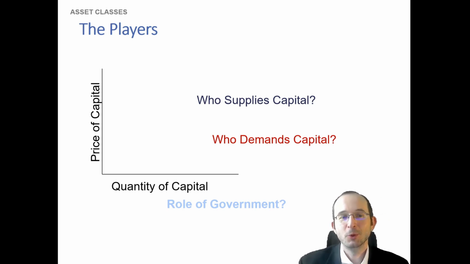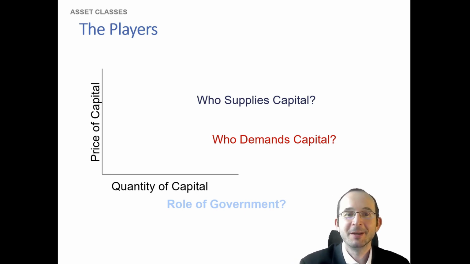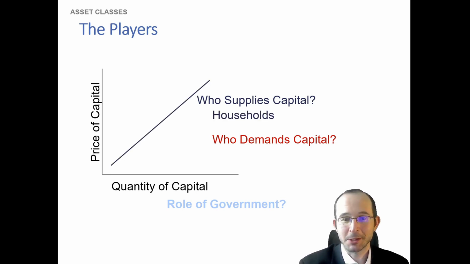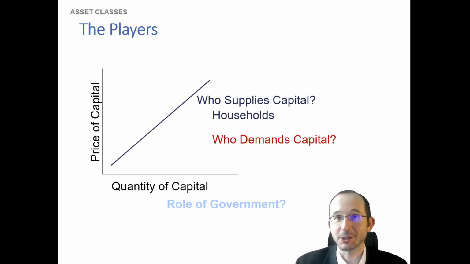So who participates in the capital markets, which is to say not just debt, but also equity? Who participates in the buying and selling of financial assets? Well, who supplies capital? Well, it's households at bottom, of course. Households will put some of their wealth in financial institutions, but at bottom, all the wealth, all the capital that there is, belongs to individuals.